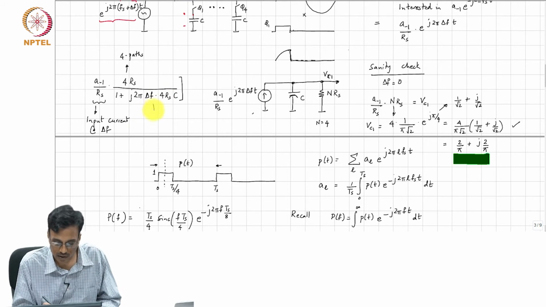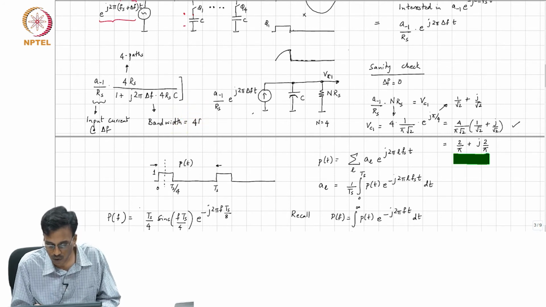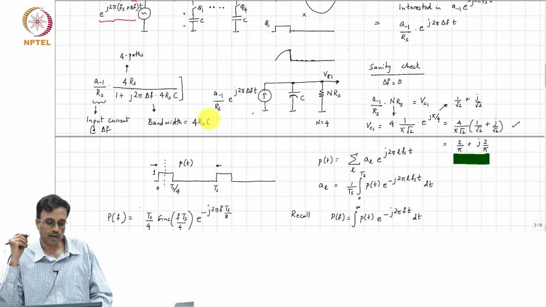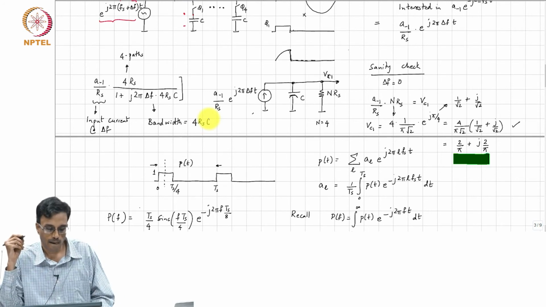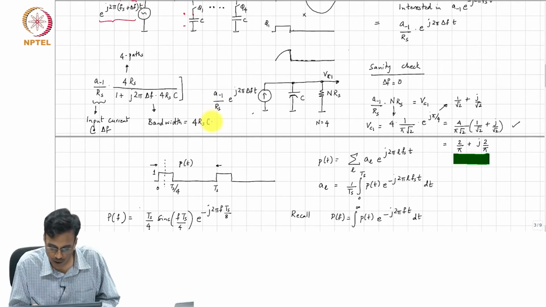So, the bandwidth is basically 4 Rs times C, right, times 2 pi of course.